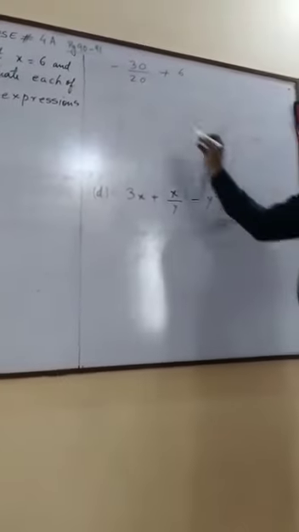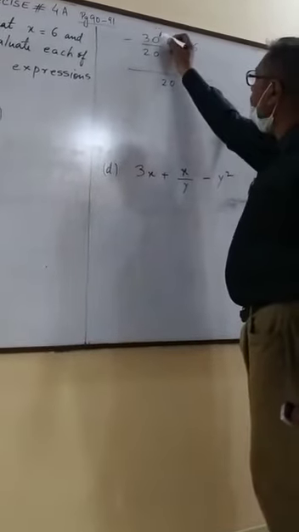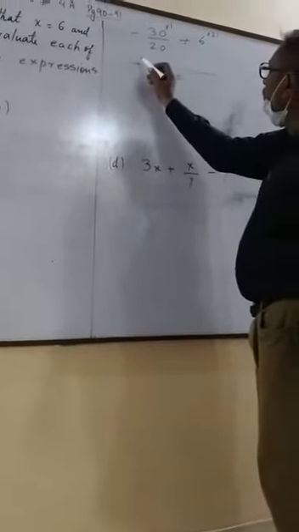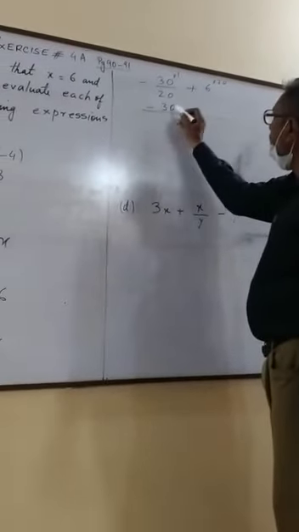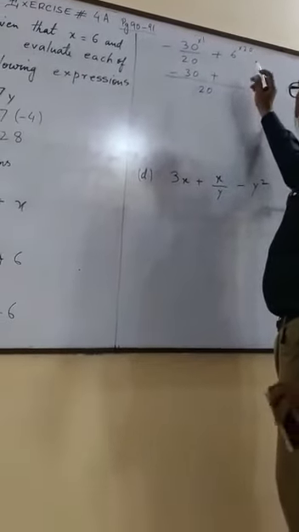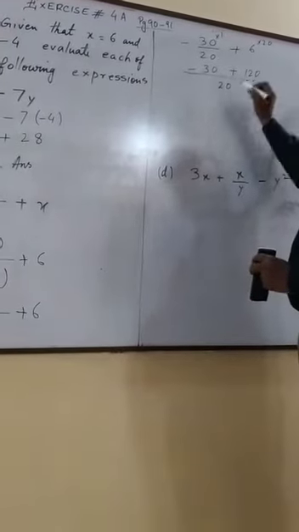So, first take LCM. LCM is 20. This will be multiplied by 1 and this will be multiplied by 20. So -30 plus 6 20s are 120, right?